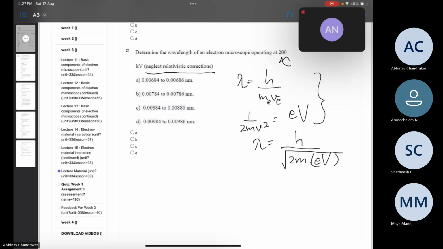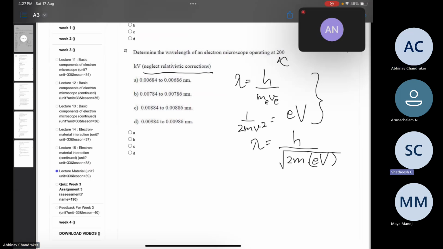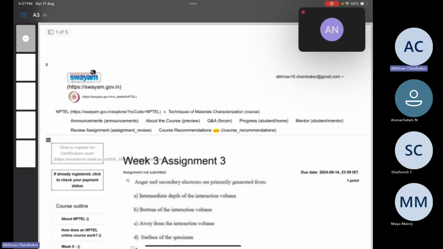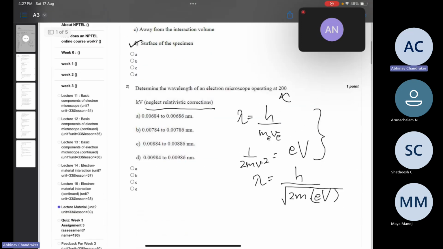Actually, I also tried to answer this. Any of you also encountered this problem? And did any of you try to solve assignment 3 question 2? And were you able to get the correct answer among these options?